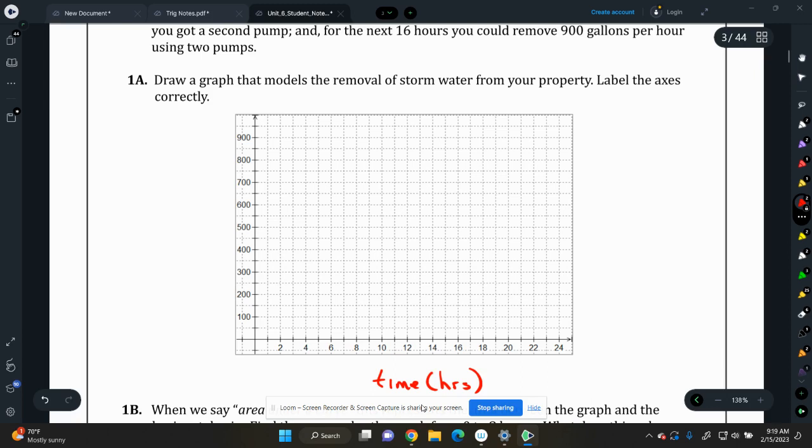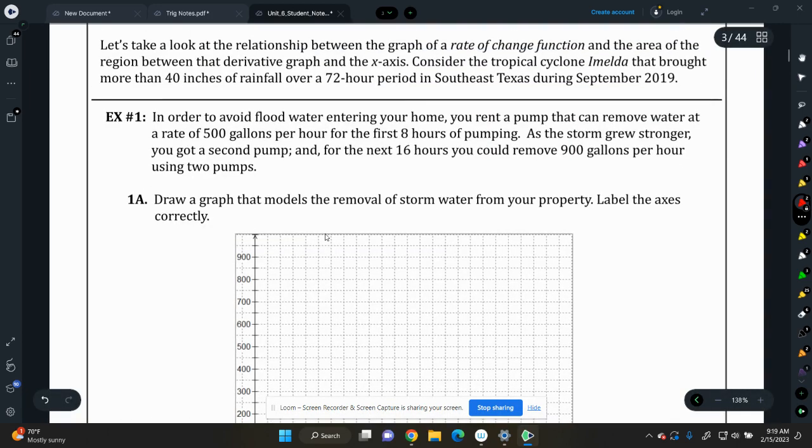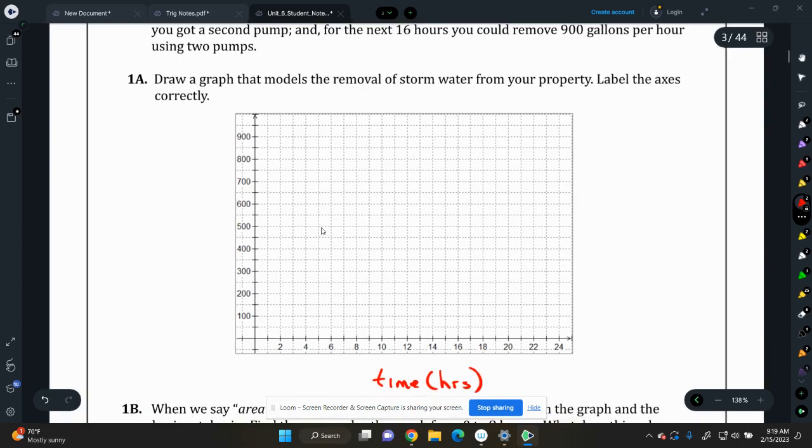And then over here, does it give us a variable that we need to use? Okay, so we'll call this G of T. So this will be gallons of water.